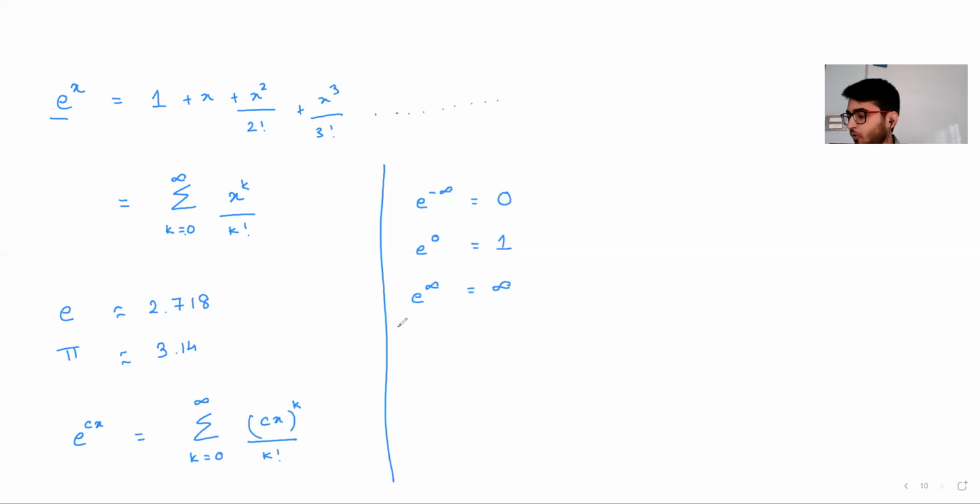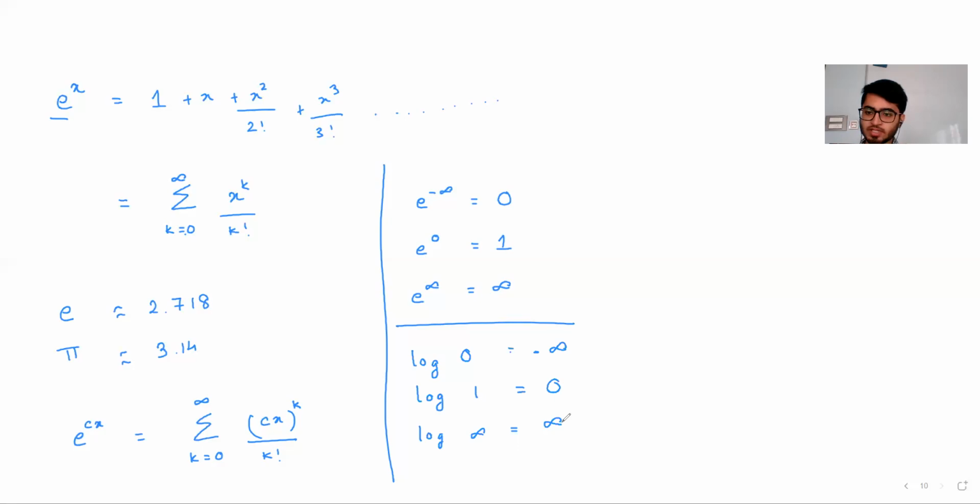Similarly, we have it for log as well. Log 0, some of them might say this is undefined, which technically is correct, but log 0 takes the form of minus infinite. Log 1 is nothing but 0, and log of infinite is nothing but infinite.